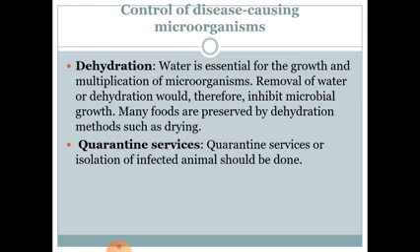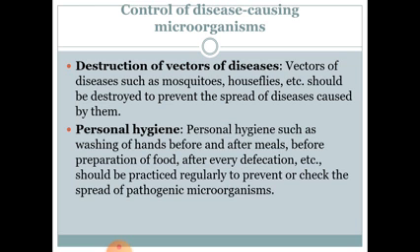Quarantine services. Quarantine services or isolation of infected animals should be done to curtail the spread of disease-causing microorganisms. Destruction of vectors of diseases. Vectors of diseases such as mosquitoes, house flies, etc. should be destroyed to prevent the spread of diseases caused by them.